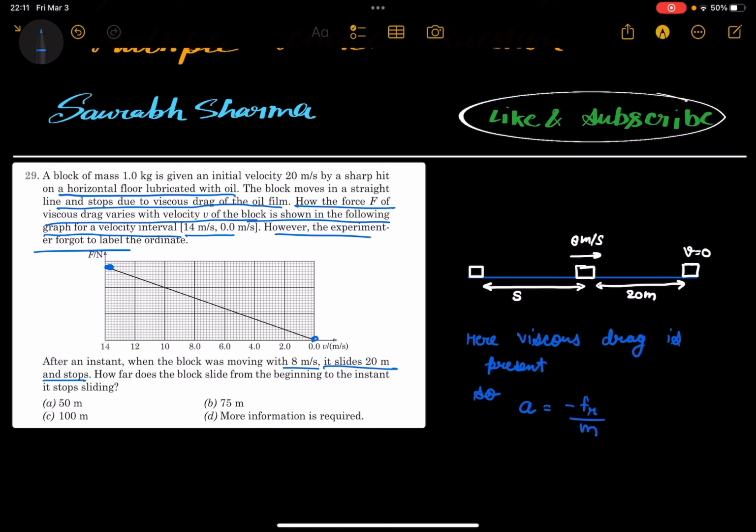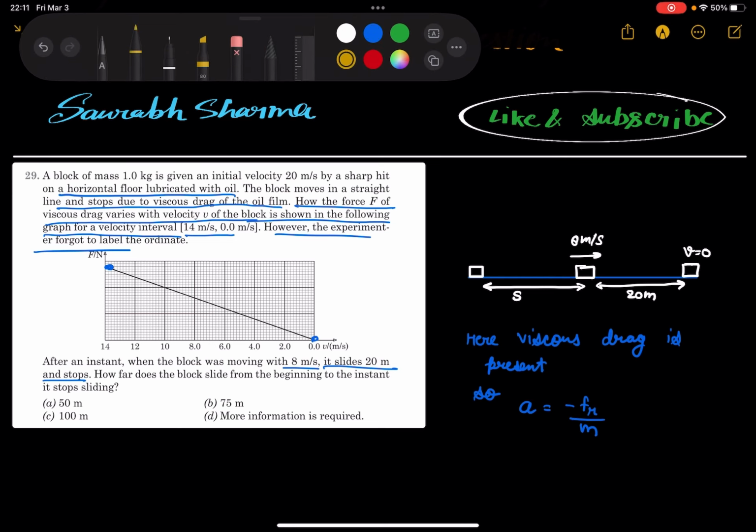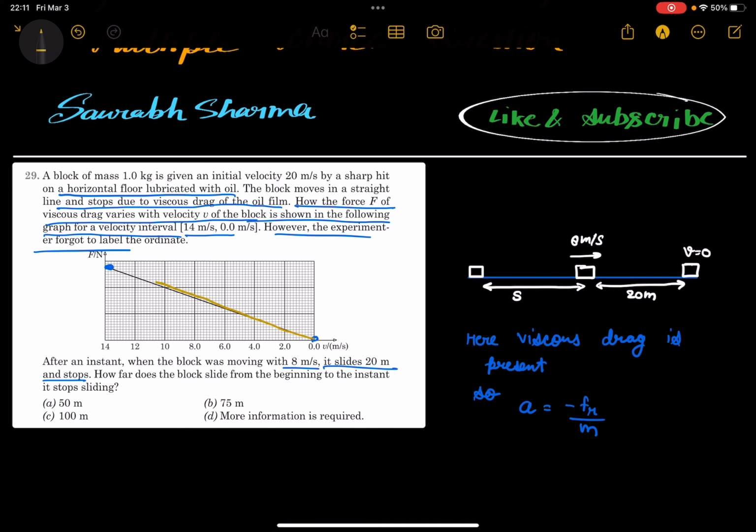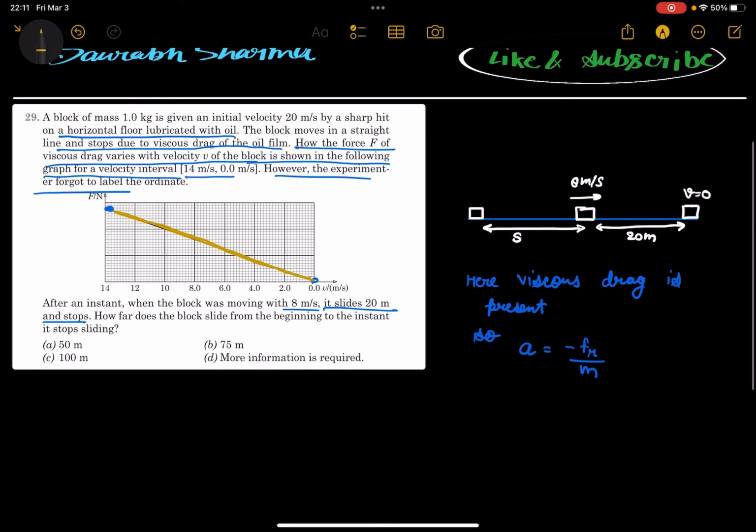From this graph, I am repeating, this is a linear variation, so the drag force is directly proportional to the velocity. So we can say that a is minus kv by m.